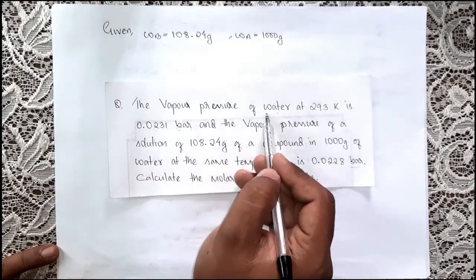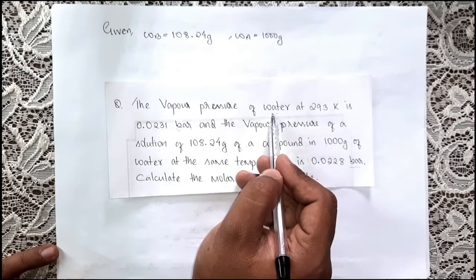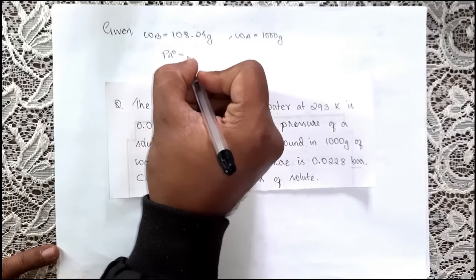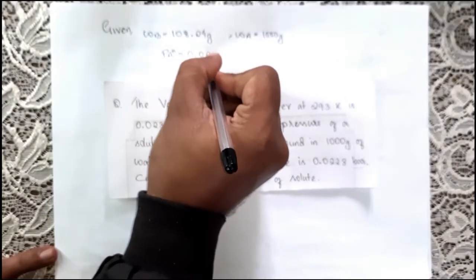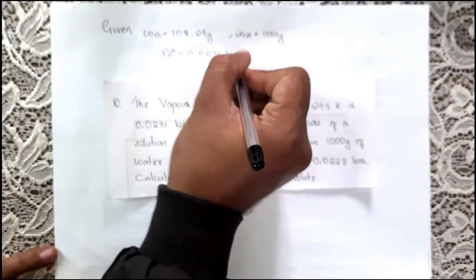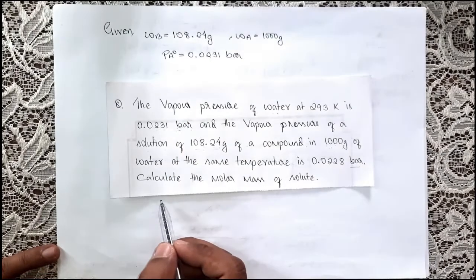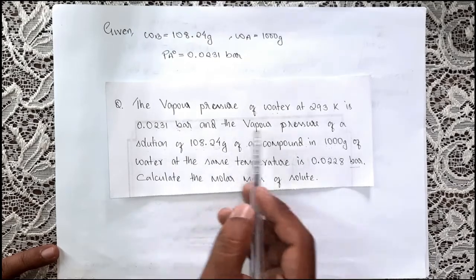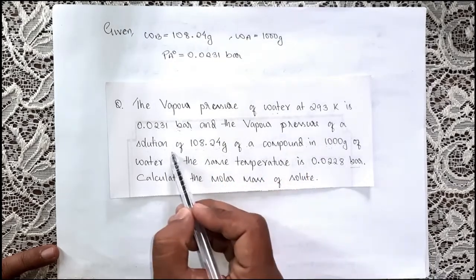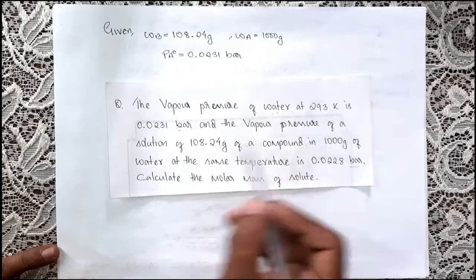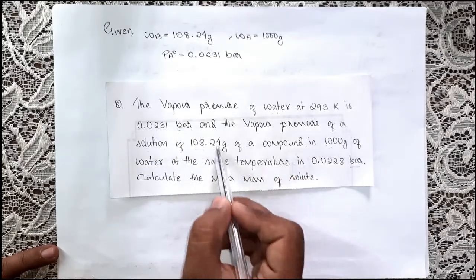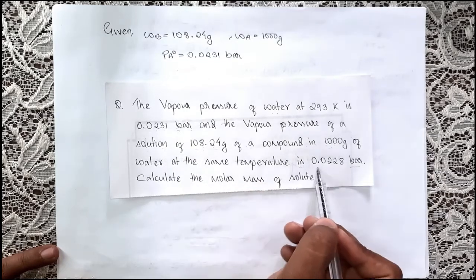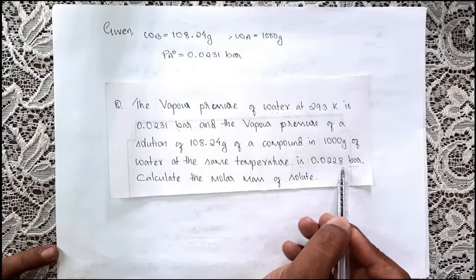Since this is vapor pressure of water and water is a solvent, you have PA naught is 0.0231 bar. So this becomes your vapor pressure of a pure solvent. And the vapor pressure of a solution is 0.0228 bar.